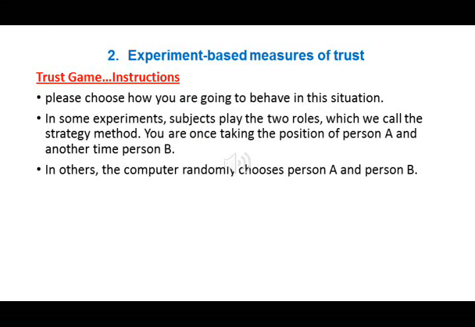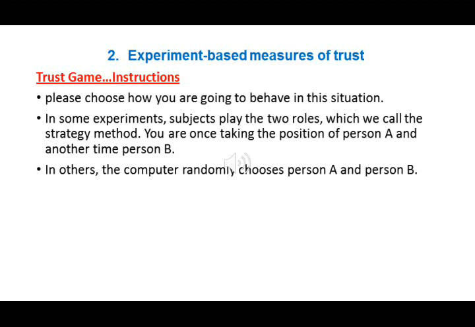I'd like to note here that in some experiments, the computer randomly chooses between person A and person B, which means that subjects enter the lab and the computer randomly chooses which person will play the role of person A and which will play the role of person B. So you might find yourself playing person A, who has to either trust or not trust the other person by being asked whether you want to send any amount of your points.